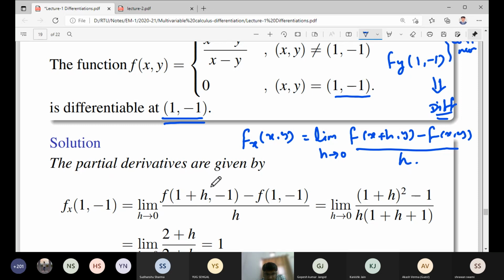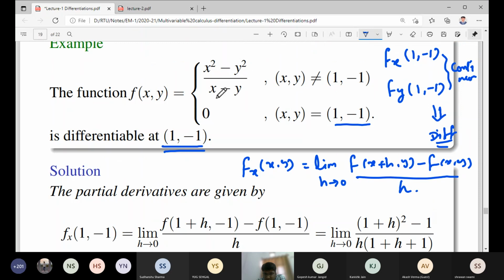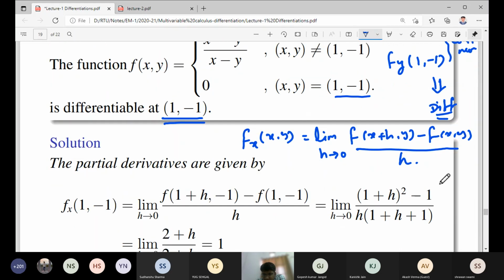For the given function, x² − y² upon x − y, just replace x by 1+h and y by −1. After simplification, we get [(1+h)² − 1]/h upon (1+h+1).